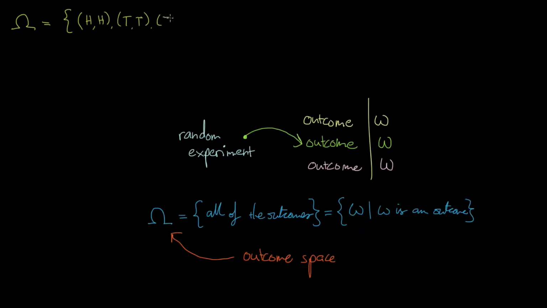I got a tails and then I got a heads. And finally I got a heads and then I got a tail. Each of these little pairs represents an outcome, and this whole set is the set of all possible outcomes. Given that we can only get a head or a tail, we can't have the coin land on its side. This is the outcome space for this particular experiment.